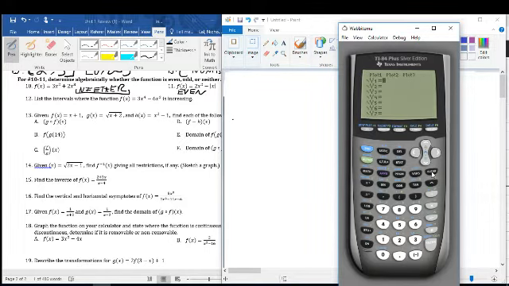So it should be 3x to the 4th power minus 6x squared. So when is it increasing?